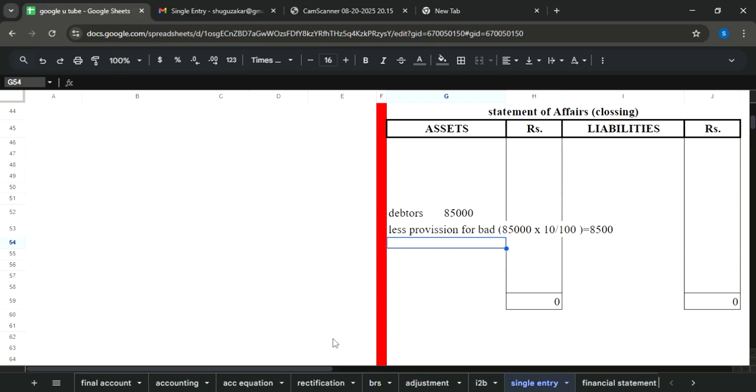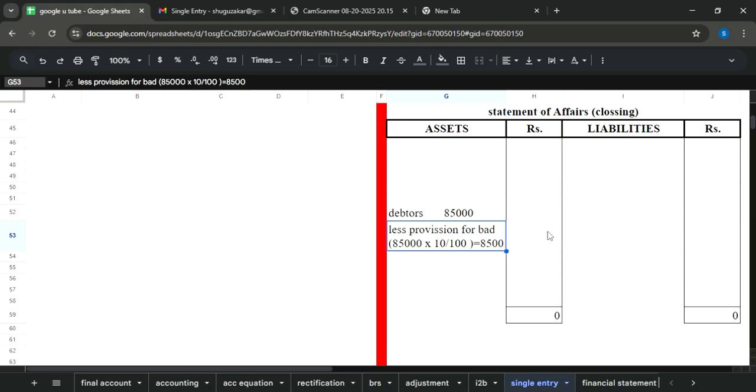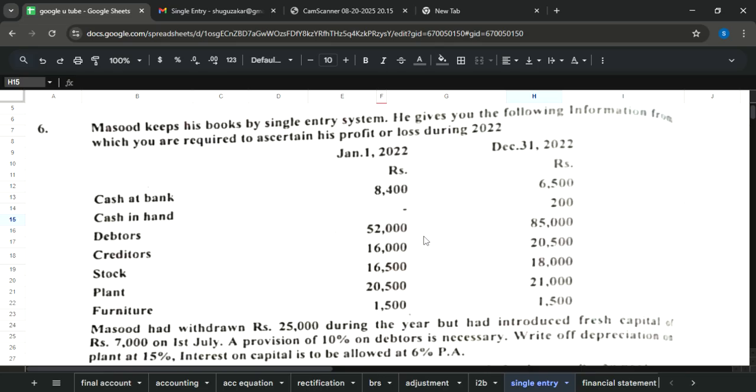So provision for bad debts would be subtracted from debtors, and how have you calculated? You have taken the percentage which was present in the book. Look, we would subtract it, less provision. So 85,000, and then you will subtract 8,500. So guys, the debtors adjustment is completed.